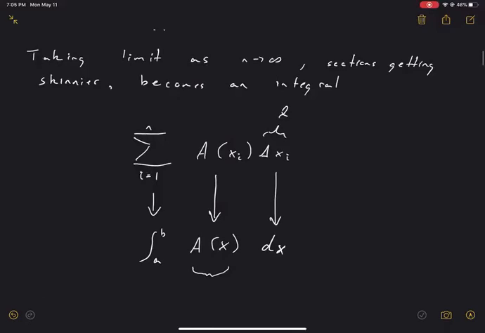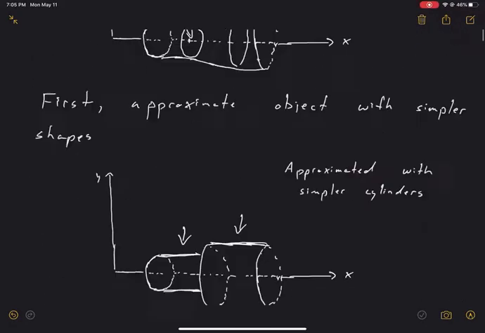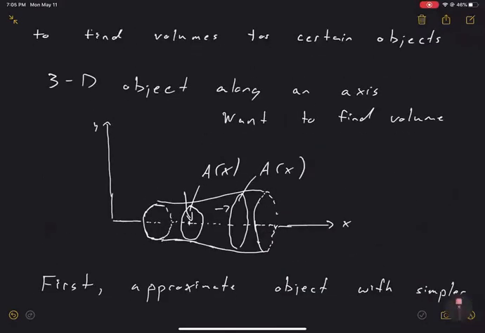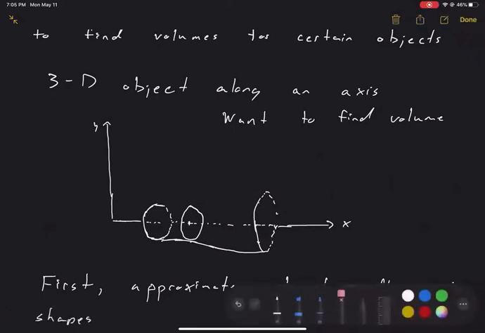So how I would think about this is, once again, going back up to my original object, I'm going to take slices of my object.